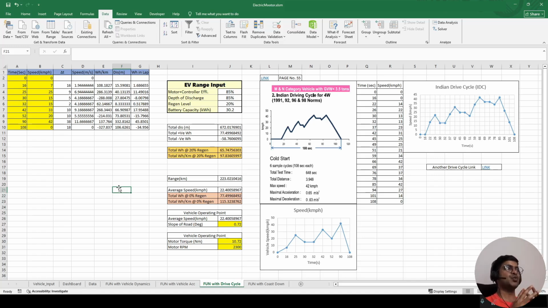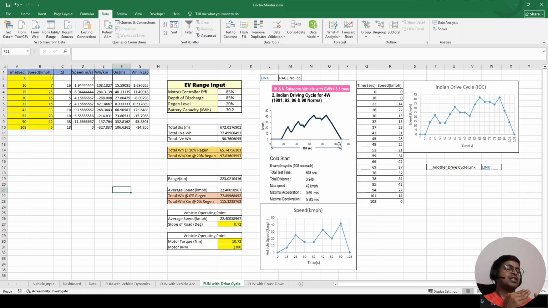So what would be the driving condition so that my vehicle travels at 22.4 kmph, but consumes the same amount of energy that was consumed in this driving pattern? And when I say the same amount of energy, it is with 0% regenerative. Why? Because I am now driving my vehicle at a constant speed, and hence there is no regeneration, because I am not decelerating my vehicle.